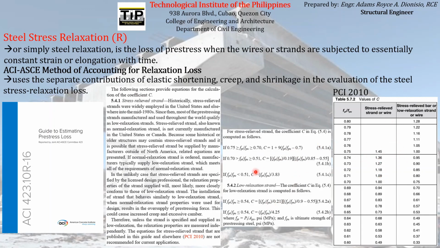Although you can use any of them, it depends on your preference and the preference of the problem, if it wants you to use the ACI 423.10 or the predefined values of C that can be found in PCI 2010.